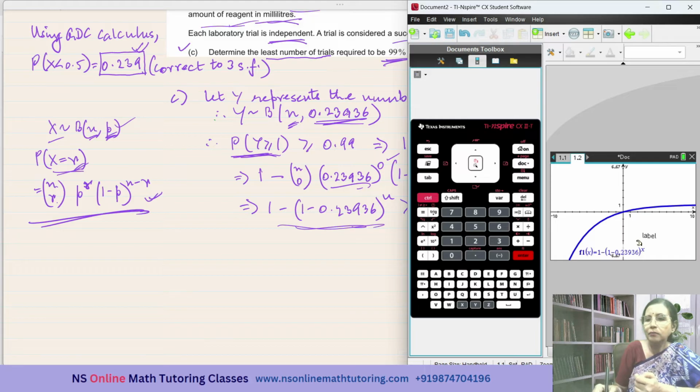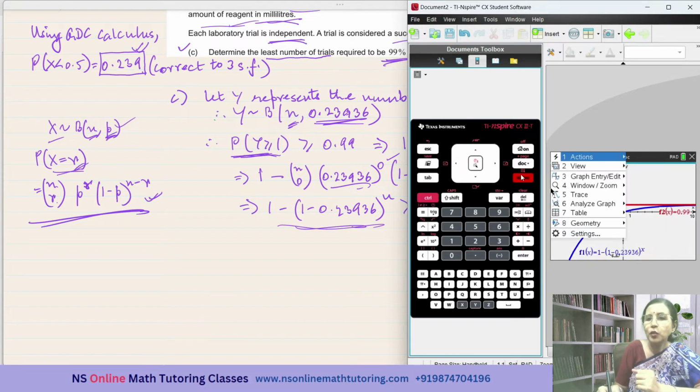This is the graph, and I have to draw a horizontal line y equals 0.99, so 0.99, enter.